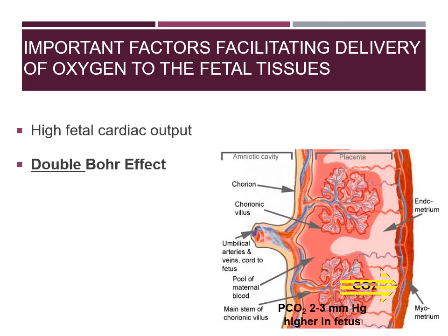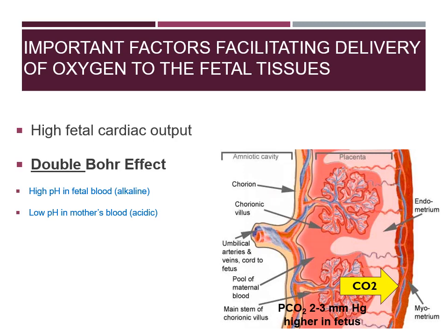And this is explained by the Bohr effect, which is the high tendency of hemoglobin to combine with oxygen when there is a low CO2 level, and the opposite is true. So it will dissociate from oxygen when there is a high CO2 level.